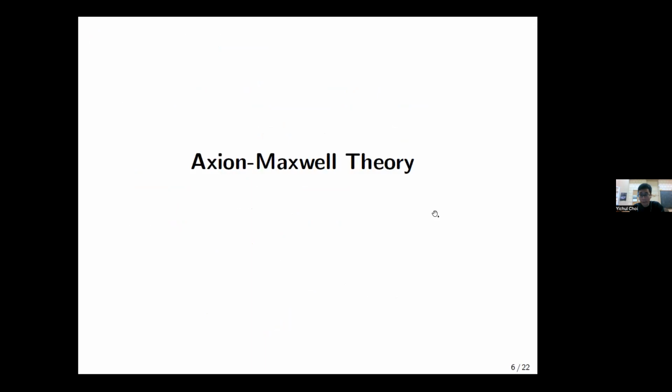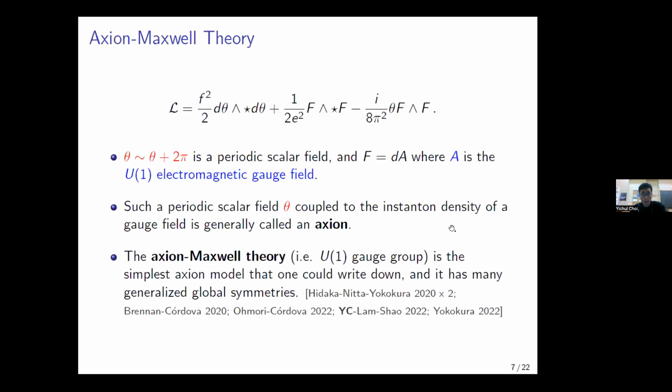Okay, now I want to move on to the main topic of today's talk, which is the axion-Maxwell theory. This is a 3+1D QFT with this Lagrangian. Here, theta is a 2-pi periodic scalar field, and F is the field strength for the U(1) gauge field. The first term is the kinetic term for the scalar field, and the second term is the usual Maxwell kinetic term. Then the third term is important.